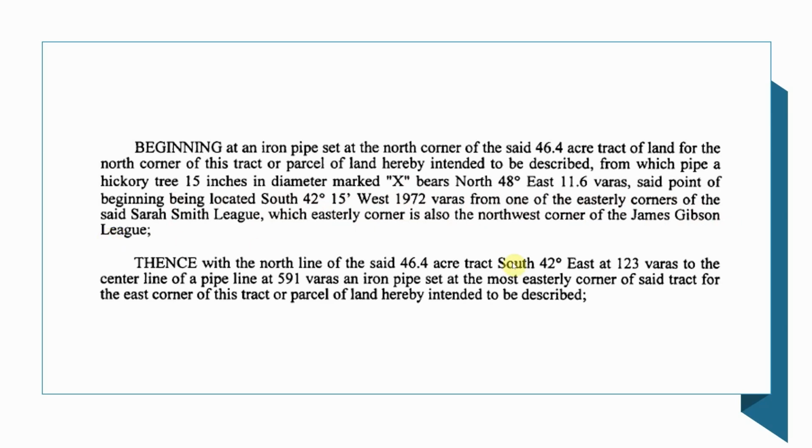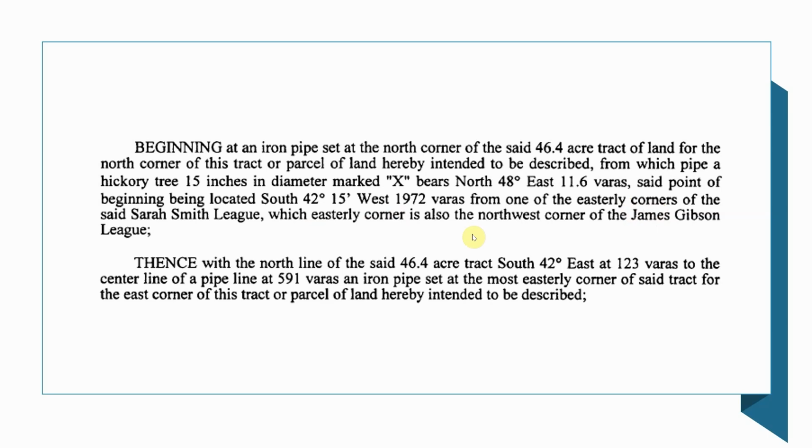So this is important. We already know that we are in the Sarah Smith League, abstract number 415, from our first paragraph. Now we know we're calling to one of those corners, and we follow that line throughout the Sarah Smith League all the way to where it hits the James Gibson League.